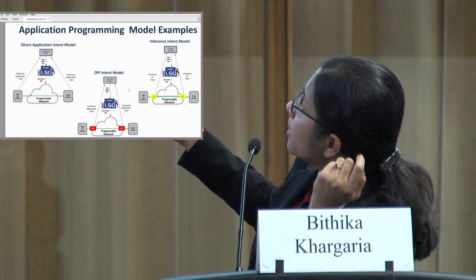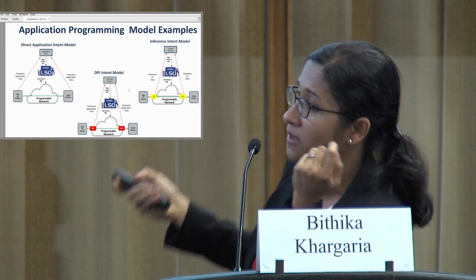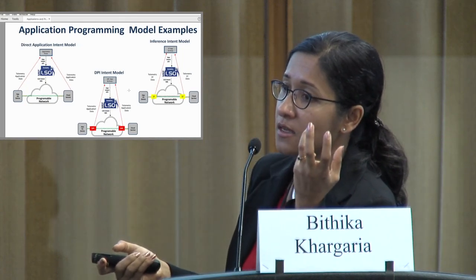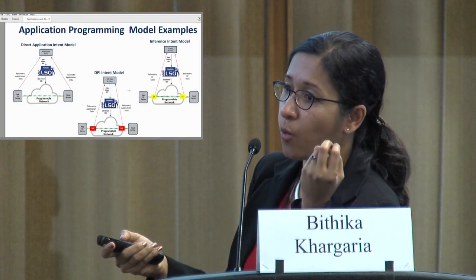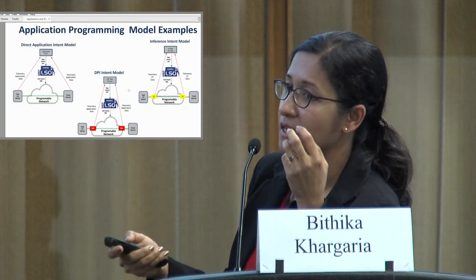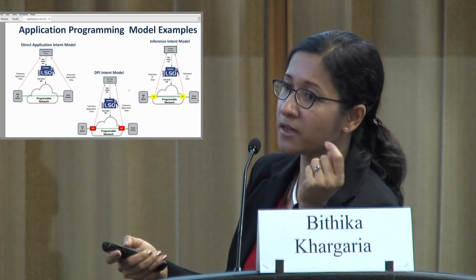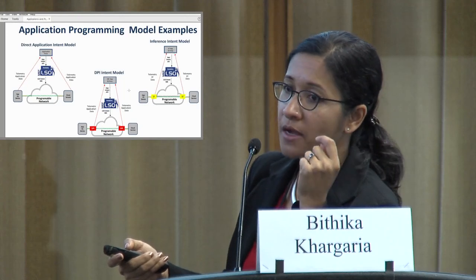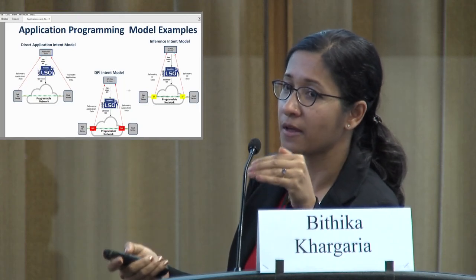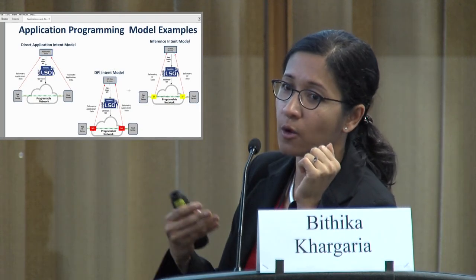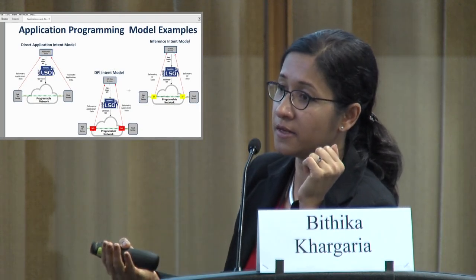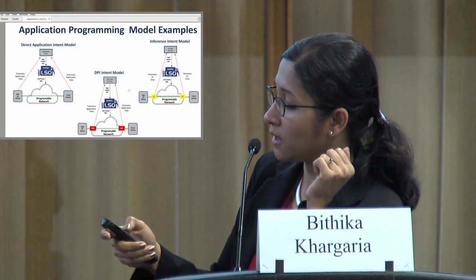Both the DPI as well as the synthetic traffic act as a proxy for the application, and they try to determine what the application is getting, either by doing packet inspection, or by introducing synthetic traffic in the path of the application to make a second-degree assessment of the quality of the network that the application is experiencing.